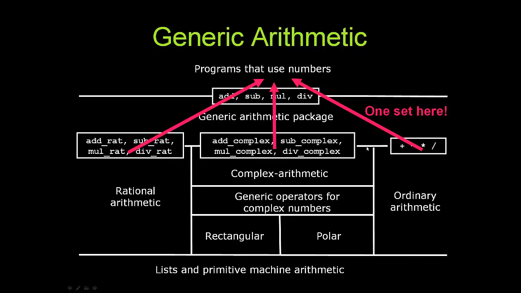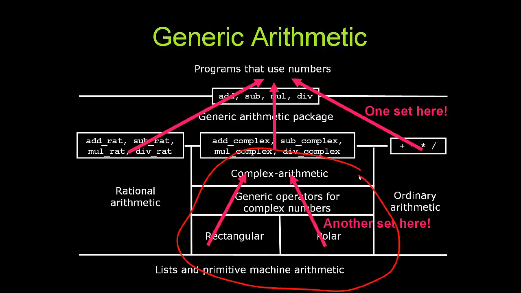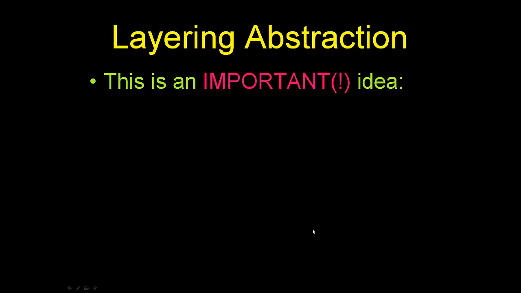But if it's a complex number object, that means you're in this space here, and you will need another tag to tell you whether it's a rectangular representation or polar representation. So you have two sets of tags. This is a layered abstraction. It's a very important idea in computer science.